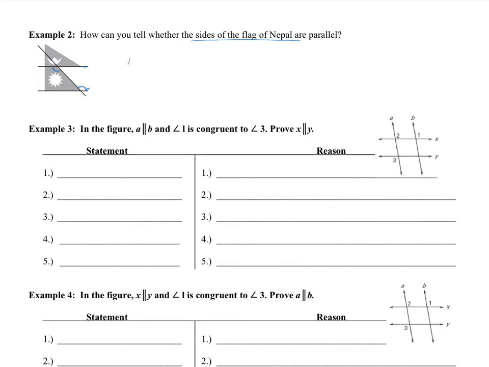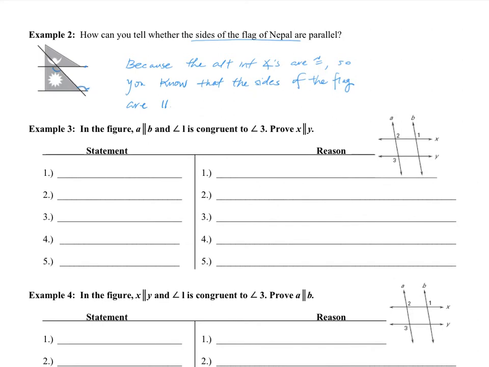So you can just simply say, because the alternate interior angles are congruent, so you know that the sides of the flag are parallel.